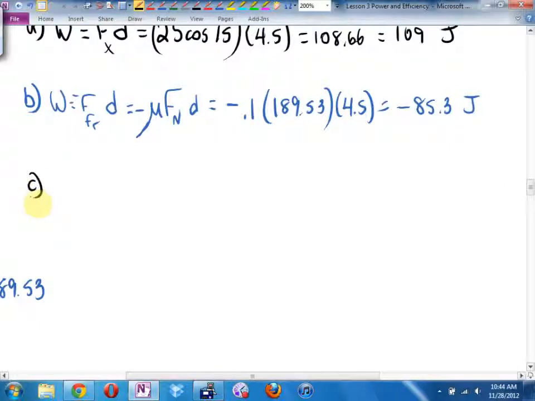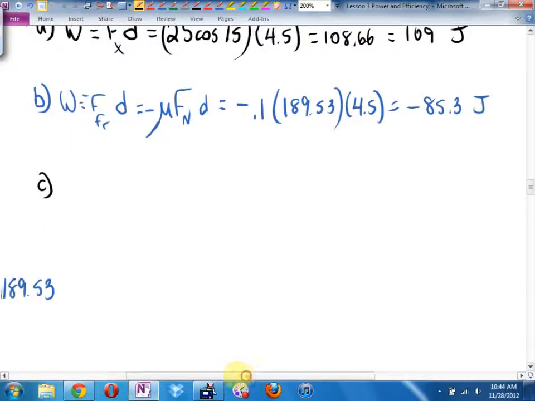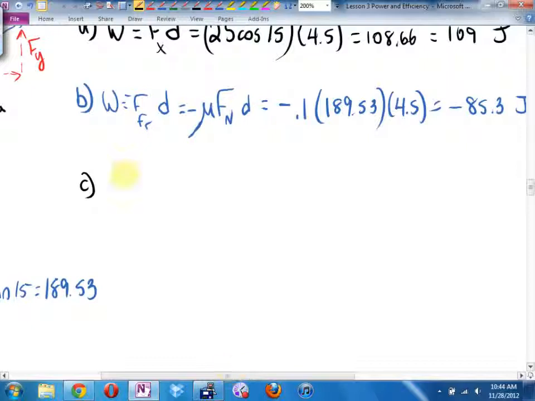What's part C asking us to find? Time. Well, I think we'll assume that V initial is 0.